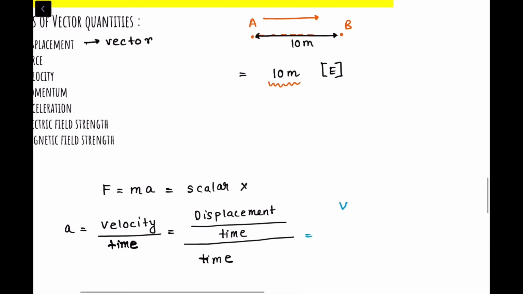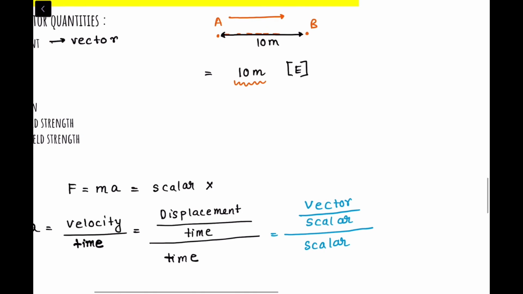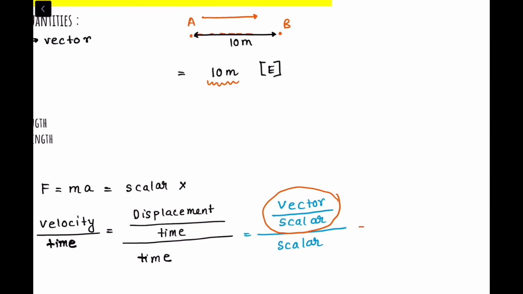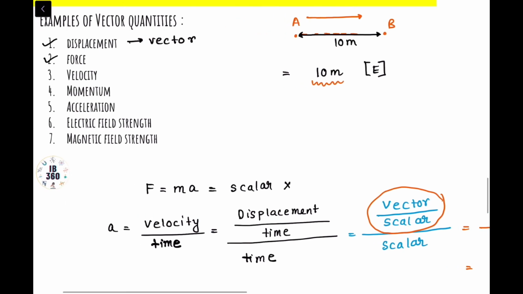So see, over here what is displacement? Displacement is a vector quantity. When it is divided by a scalar quantity, that is time, and again the whole thing is divided by a scalar quantity, I can write that vector divided by scalar is a vector quantity. We derived it from the first slide. So we just found out that force is a vector quantity.